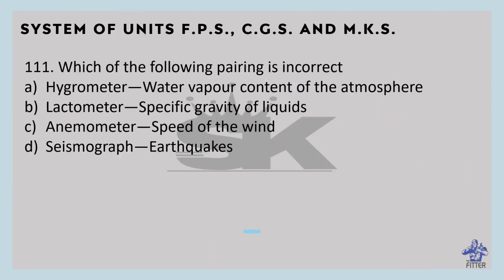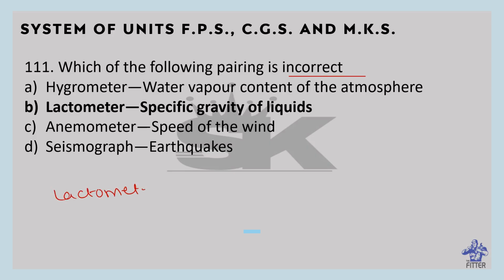Which of the following pairing is incorrect? Hygrometer, water vapor content of the atmosphere, that's right. Lactometer, specific gravity of liquid, not density of milk. Option B is the wrong one. Anemometer, speed of wind, we discussed. Seismograph... Yeah, option B is the wrong one. Lactometer, that is density of milk.